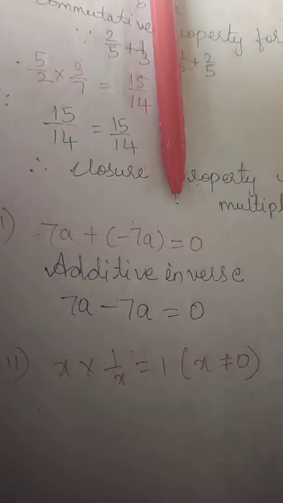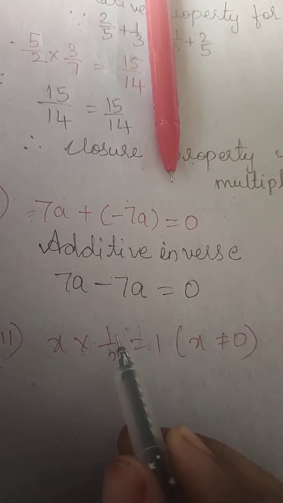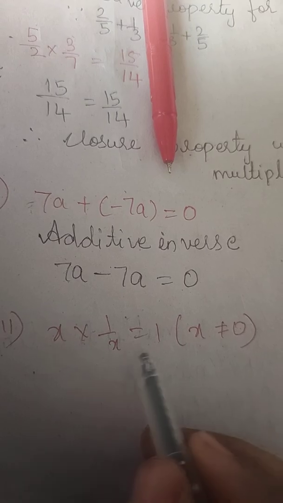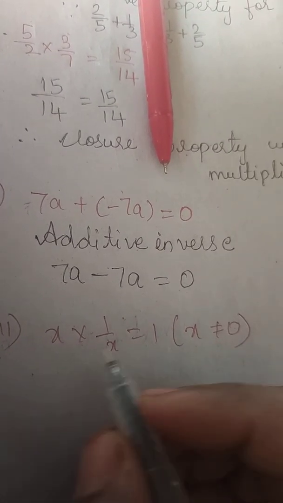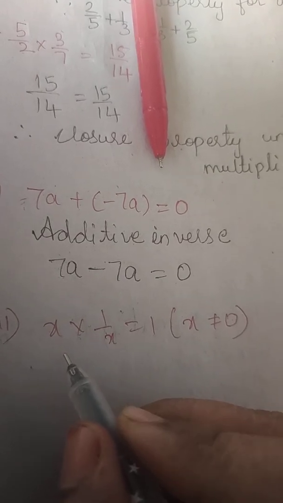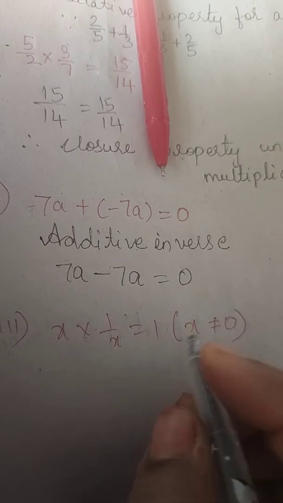Okay, here we are multiplying one number with its reciprocal. Okay, I think if you remember, this property is the multiplicative inverse. Okay, in multiplicative inverse we will multiply a number with its reciprocal and we get the result as 1.